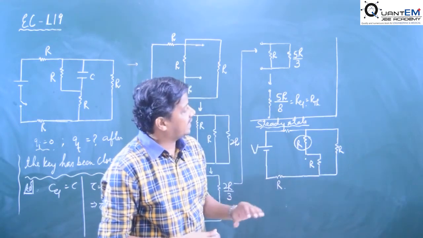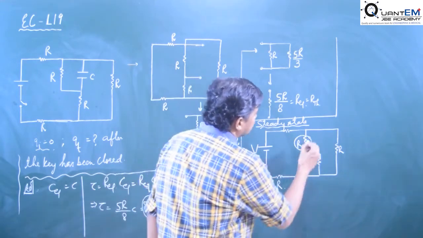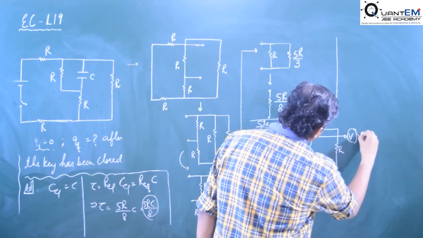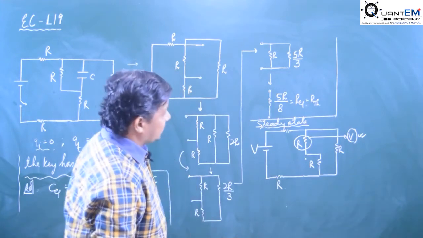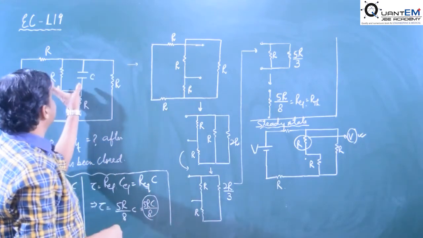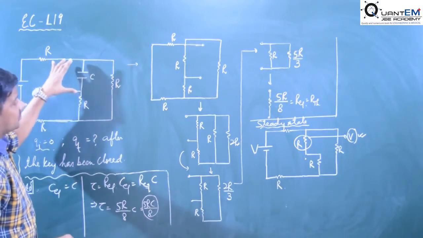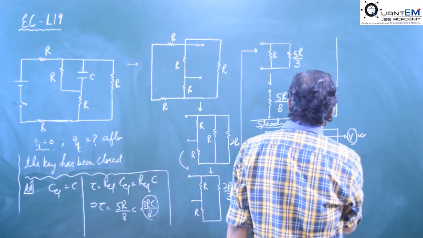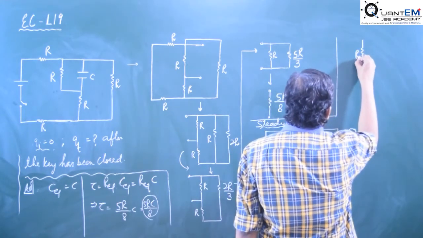You may get the current and potential drop across each resistor. So solving this circuit, you get the voltage across this resistor. This voltage will be called the Thevenin voltage, because this capacitor is connected with this resistor only, and these two are in parallel. In parallel arrangement, voltages are always what? Equal.